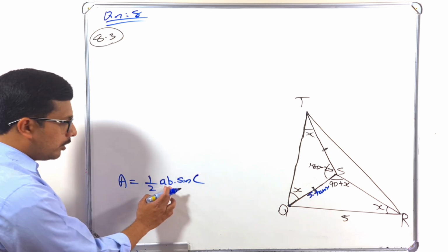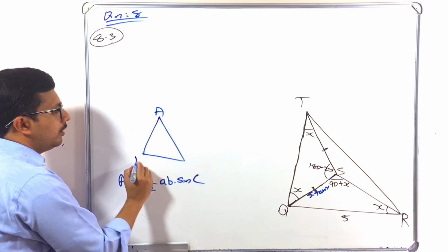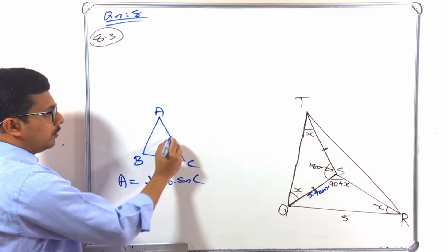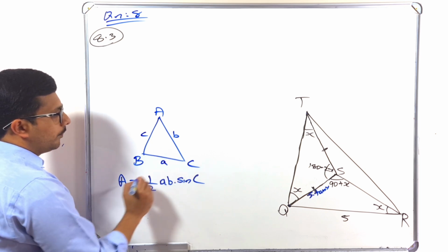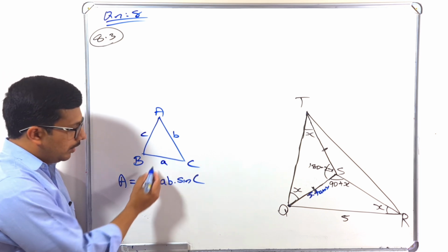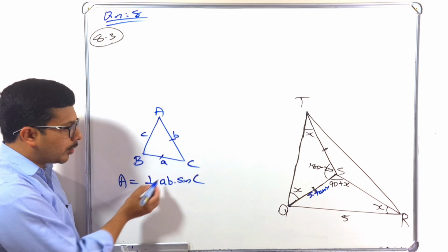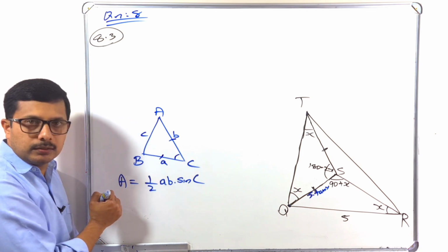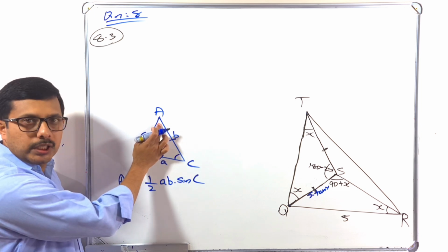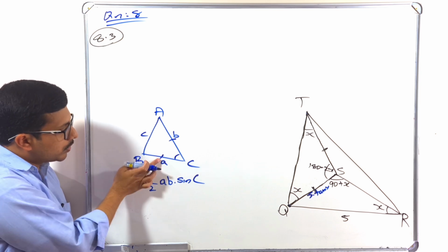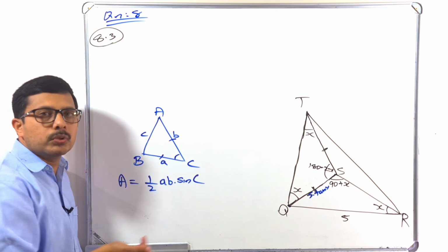So for example, let's say this is A, this is B, this is C. So this side is B, this side is C, and this side is A. If I take this side A and this side B, then I am supposed to take that included angle. That is a must. If I take these two sides, then I am supposed to take this angle. So it depends on which two sides you are taking.